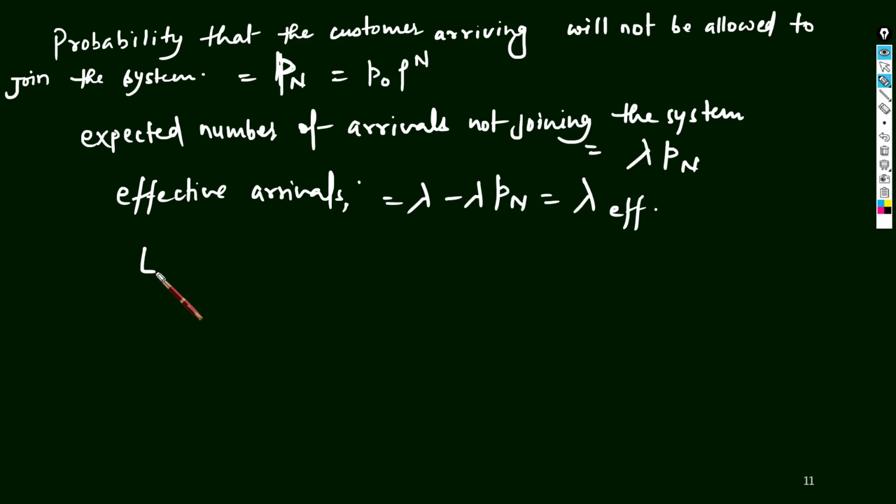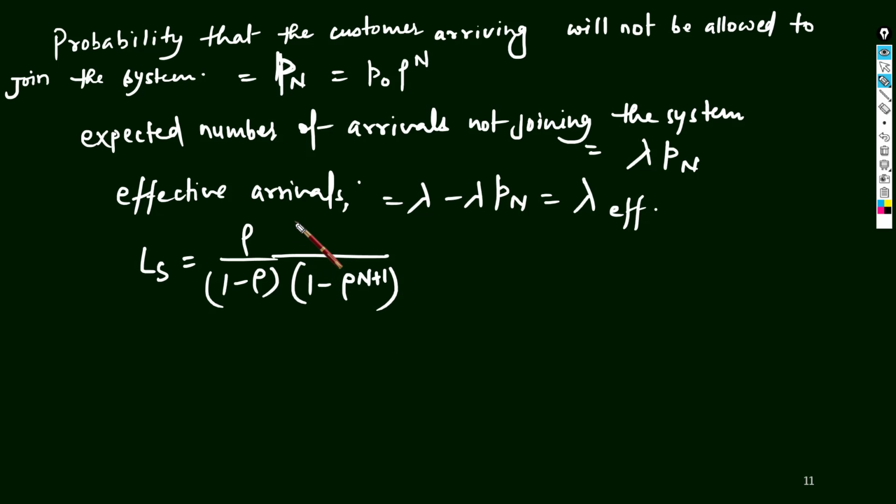Okay, so we have calculated LS, and that is equal to rho upon 1 minus rho, or rather rho into the expression with 1 minus rho to the power n plus 1 in the bottom. On the top, what was the expression? n into rho to the power n plus 1 minus n plus 1 rho to the power n plus 1. This was the expression. Okay, LQ will be how much?